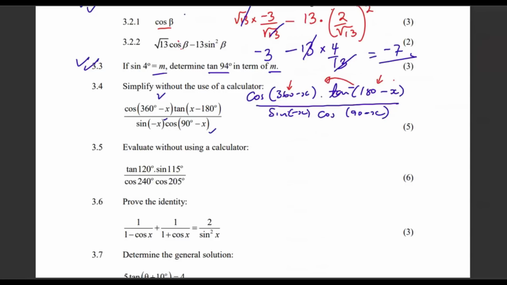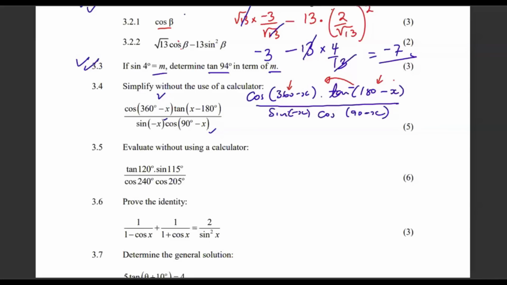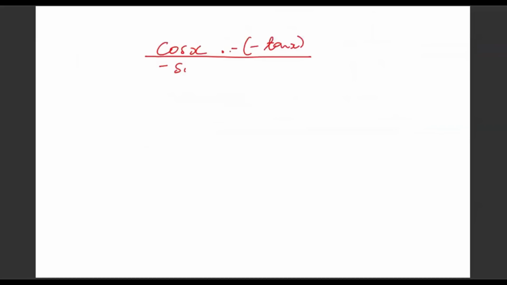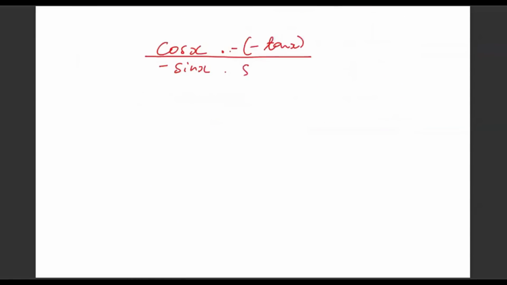So 180 minus is quadrant number 2, and tan is negative. So it's going to be negative and then a negative tan x. We're dividing it by the sine, negative, can also be negative sine x. And then the cos of 90 minus is going to give us just a positive sine x.